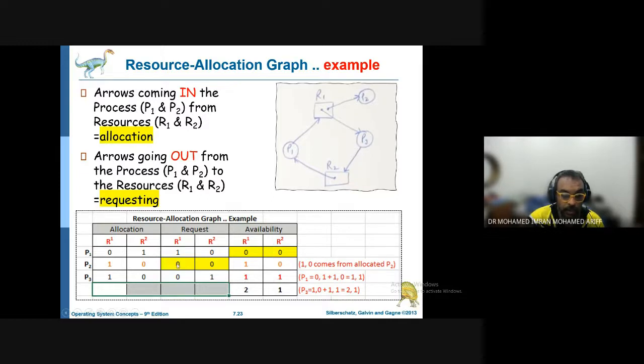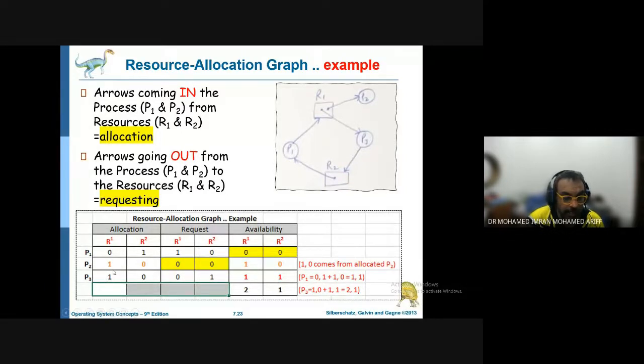Okay, so P2 dah complete, P1 dah complete. Next finally is P3. Sekarang resource yang available is 11, which is availability of R1 and R2. And based on this request, kita dapati bahawa P3 is requesting for R number 2. So kita bagilah 11 ni kepada P3.